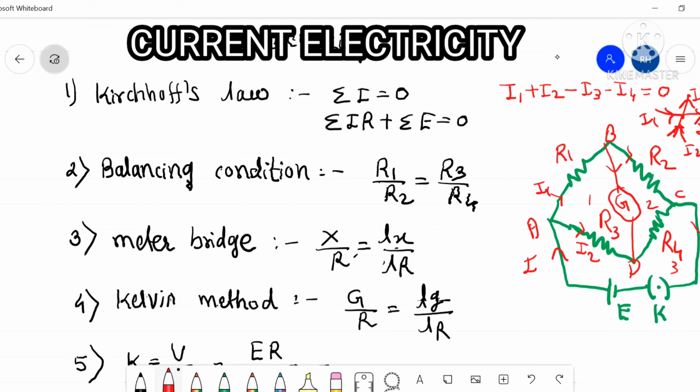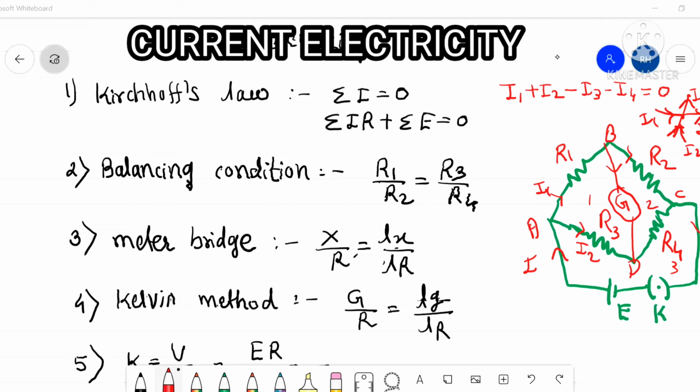Next is the bridge condition for the meter bridge. In the meter bridge, instead of this R3 and R4, we change the apparatus. Meter bridge apparatus is there, one uniform long wire which has resistance is used, and the length of this wire is marked.